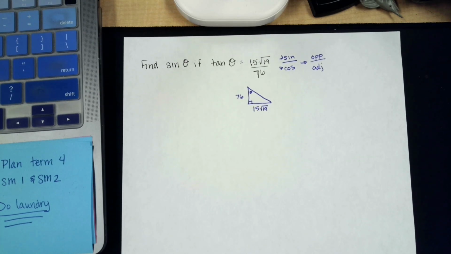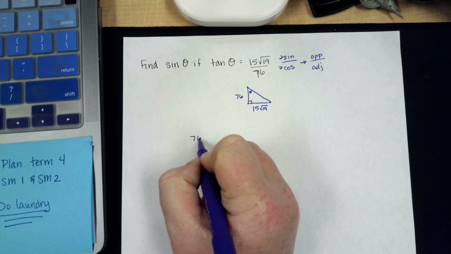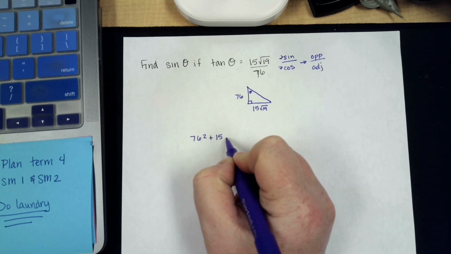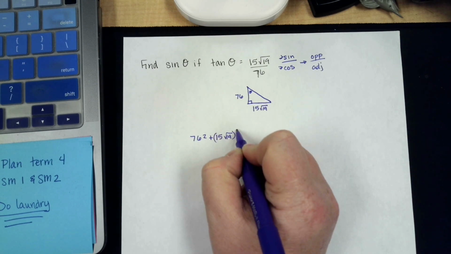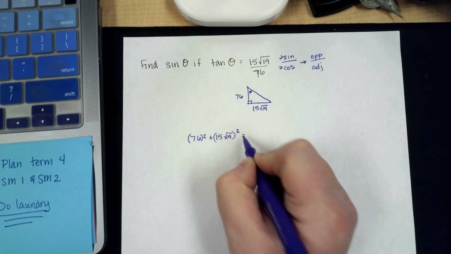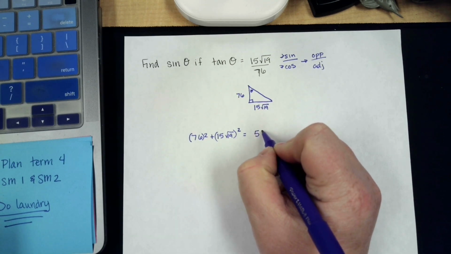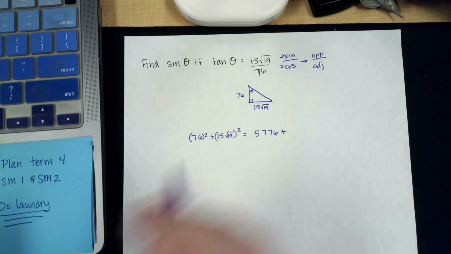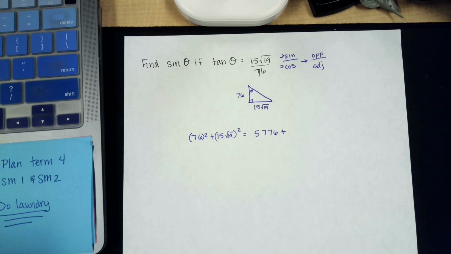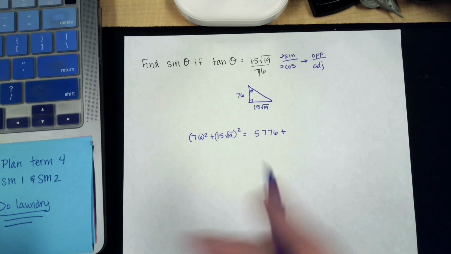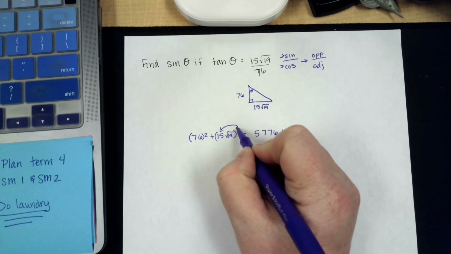So now I'm going to use the Pythagorean theorem, just like I did with all the other ones. Okay, so now we're going to do that math. 76 times 76, got to pull out my calculator, is 5,776, plus 15 squared, which is 225, times, so this squared has to distribute to both.